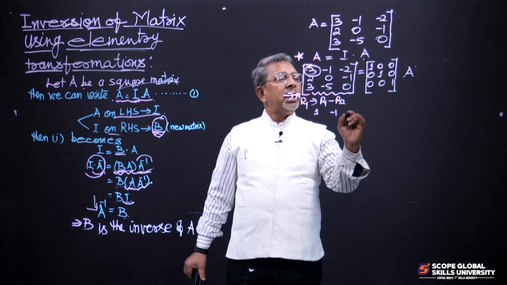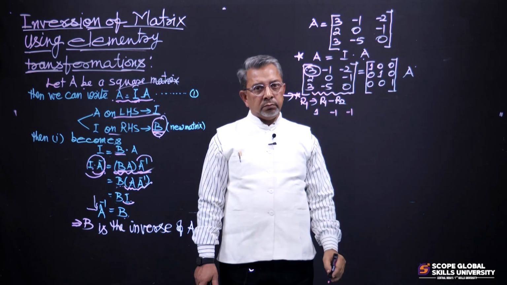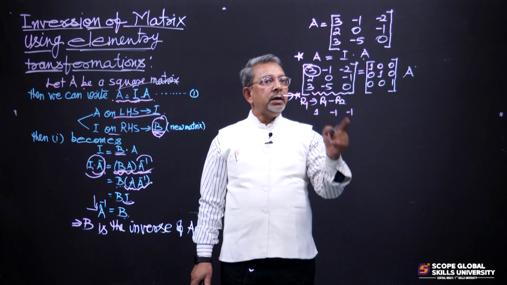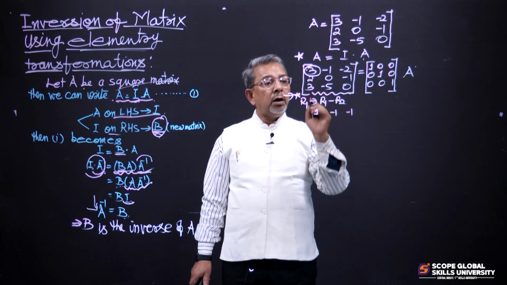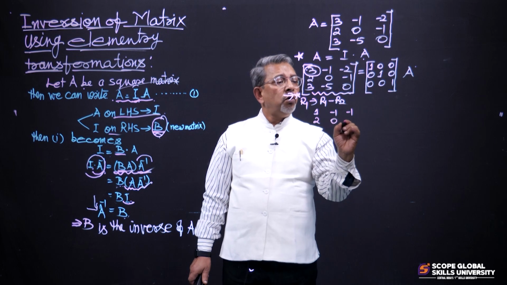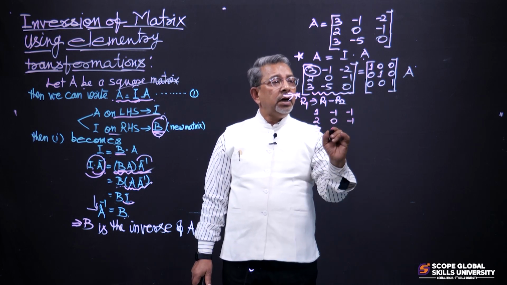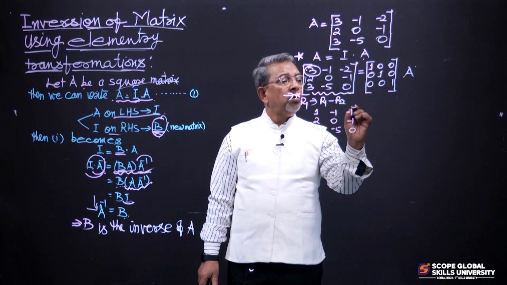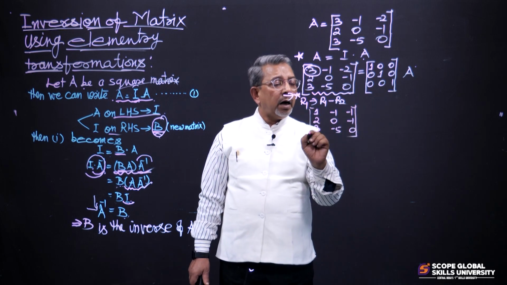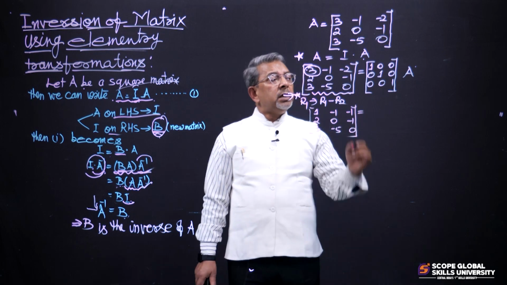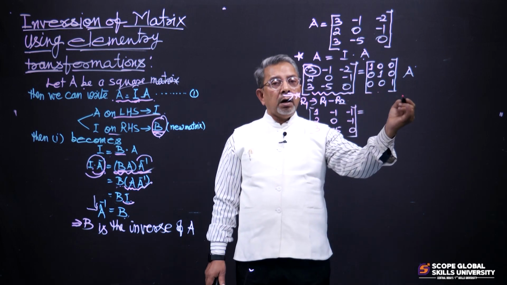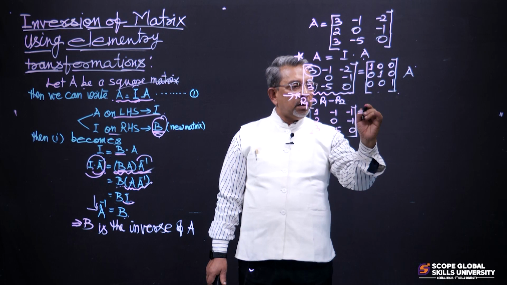So 1, minus 1, minus 1, but there is no change in the second row and third row, that means 2, 0, minus 1, and the elements of the third row 3, minus 5 and 0. After that we will apply the same operations on this identity matrix.